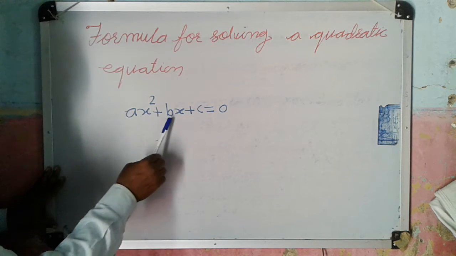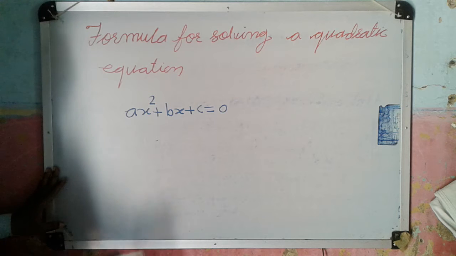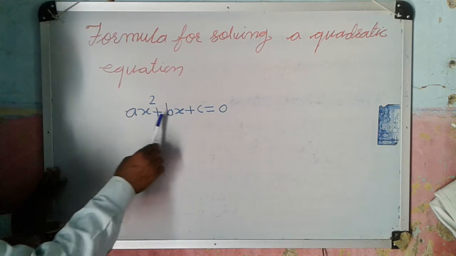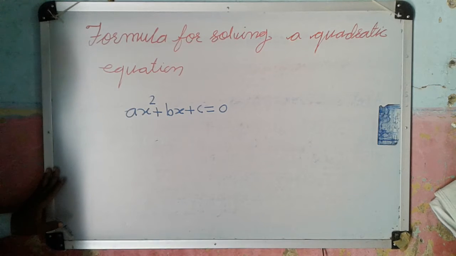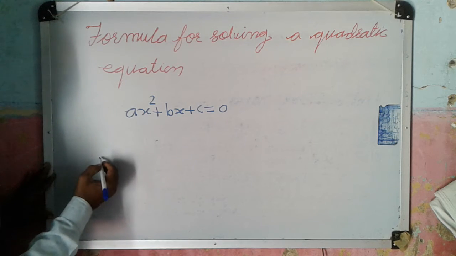Here a, b and c are real numbers and a is not equal to 0. Now if such general form is there, using the values of a, b and c, we can find the roots of this equation using this formula.